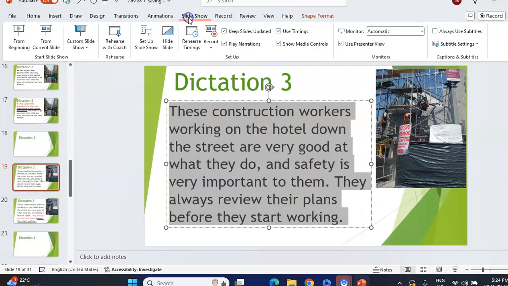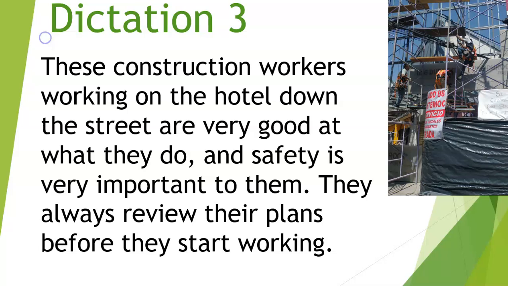Okay, so let's read through it. These construction workers working on the hotel down the street are very good at what they do, comma, and safety is very important to them, period. They always review their plans before they start working, period.